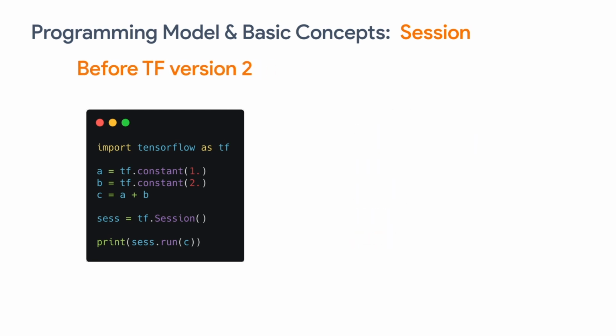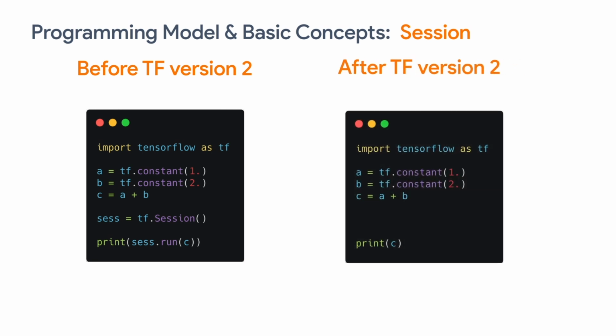Before TensorFlow version 2.0, users needed to manually create sessions to maintain the computation graph. But after TensorFlow 2.0, you don't need to create sessions explicitly. Whenever you create tensors or write operations, the session is automatically invoked and the execution graph is created.